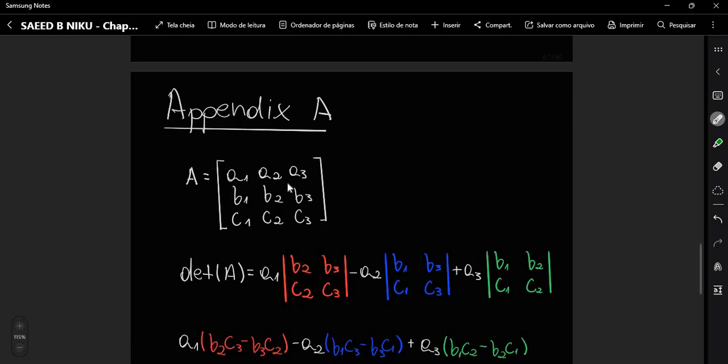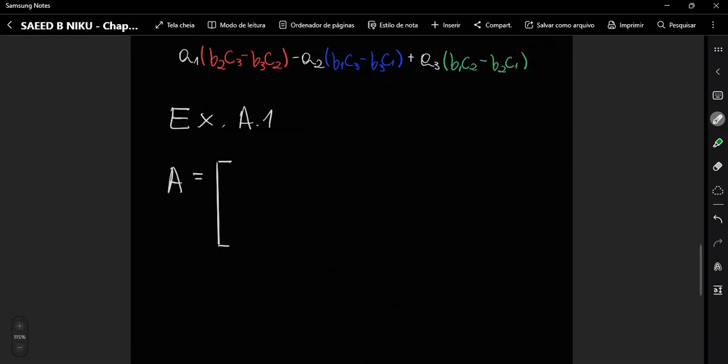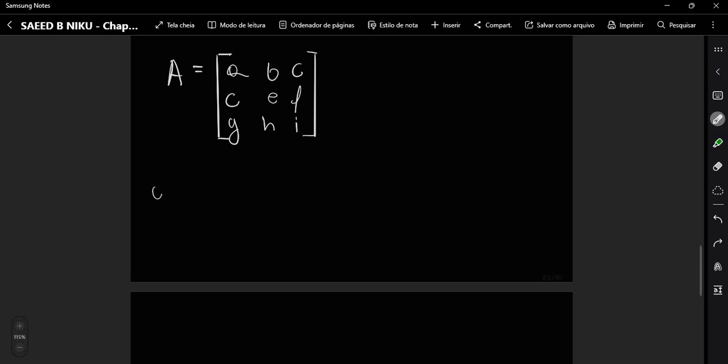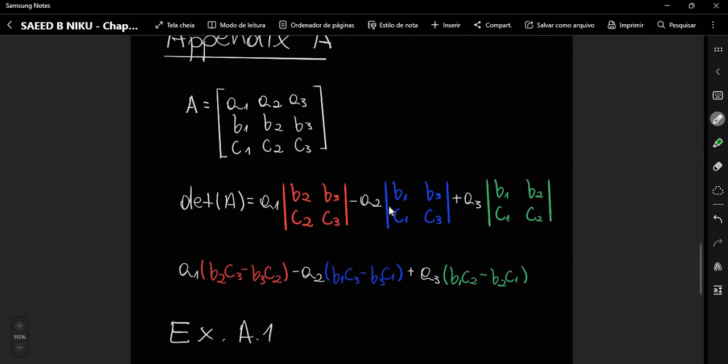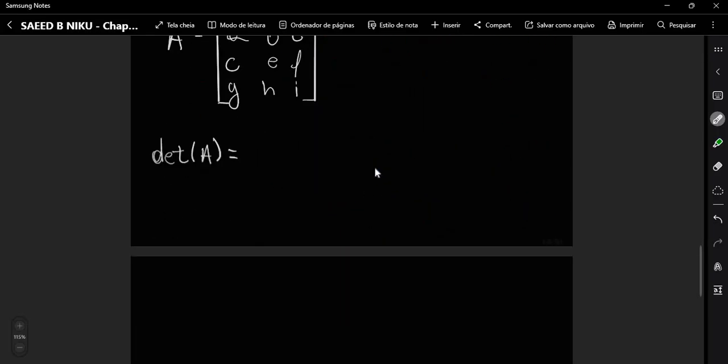Right here, I'm using A1, A2, A3, but now I will change this to A, B, C, D, E, F, G, H, and I. And the determinant of this matrix is the same as this one, but I just change the notation of the terms.